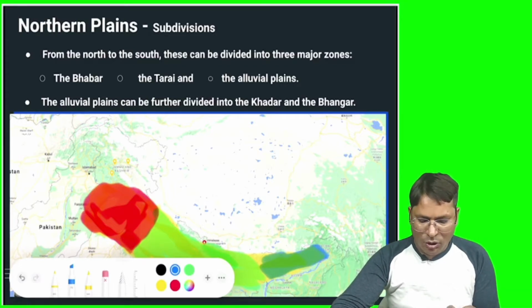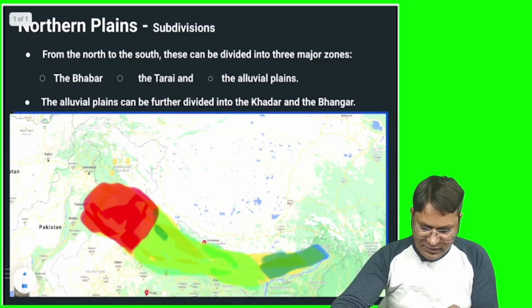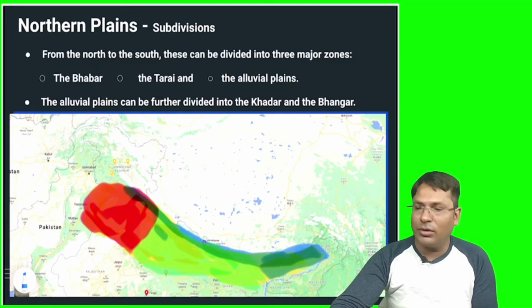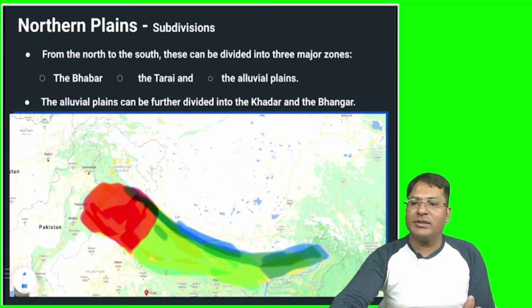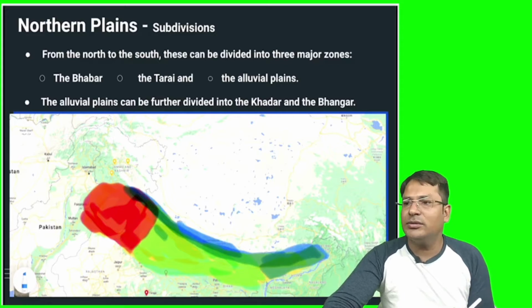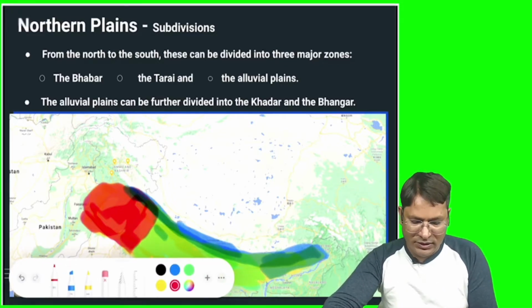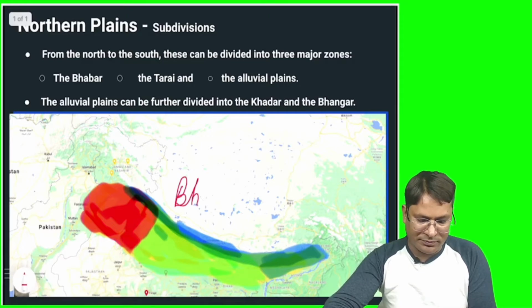In the north, almost this area, in the foothills of the Himalayan mountains, is known as the Bhabar.